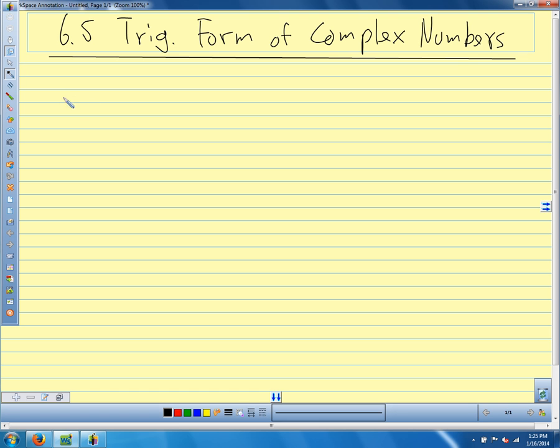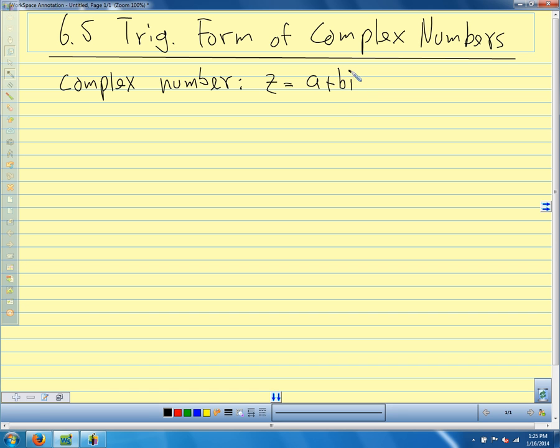So quickly, to remind us, when we're talking about a complex number, just like we usually use the variable x or y when we're talking about algebra, when we're talking about complex numbers, we usually call our variable z. So I'm going to say z equals a plus bi.